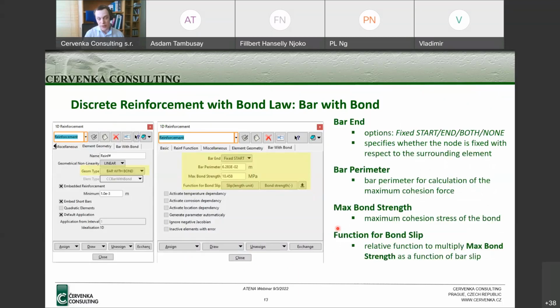So in preprocessing, what I need to do if I want to apply the model. Here there are two windows for those of you who are familiar with the GiD software.